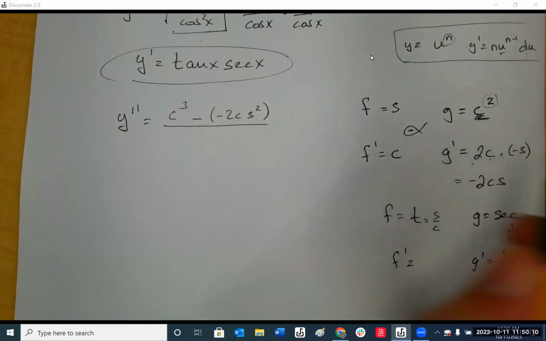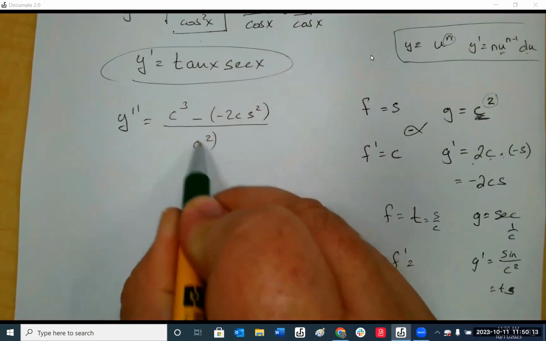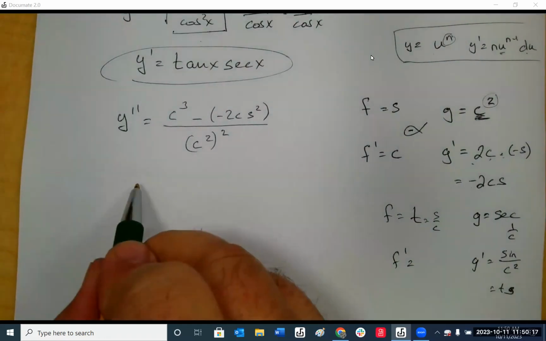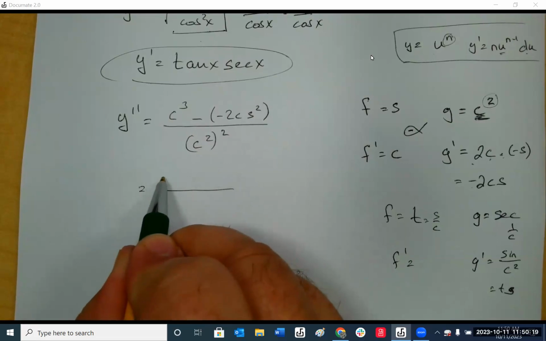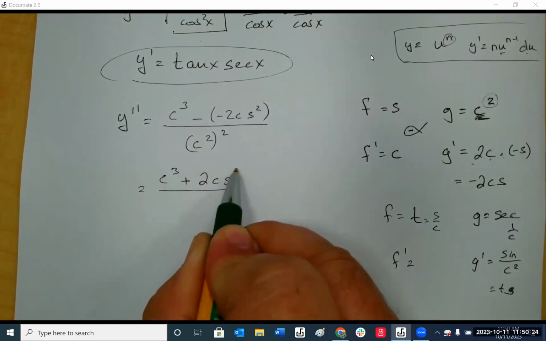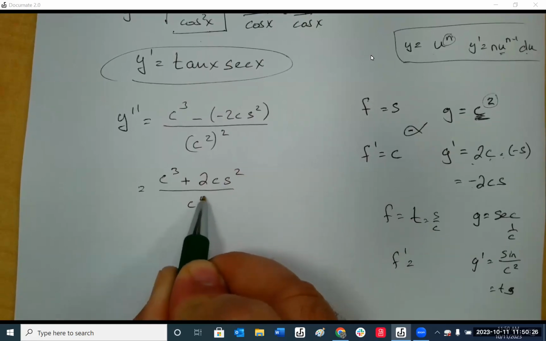And the denominator is g squared, so it's cosine squared squared. So we have cosine cubed plus 2 cosine sine squared over cosine to the 4th.